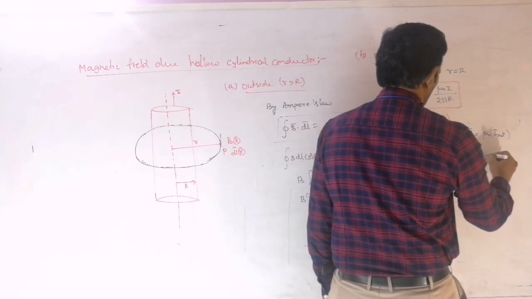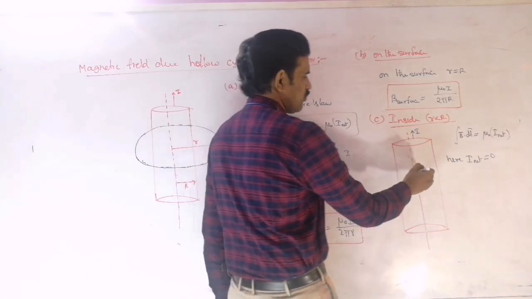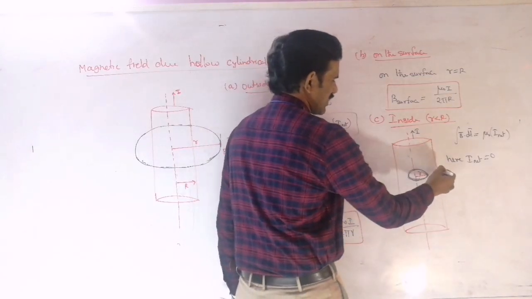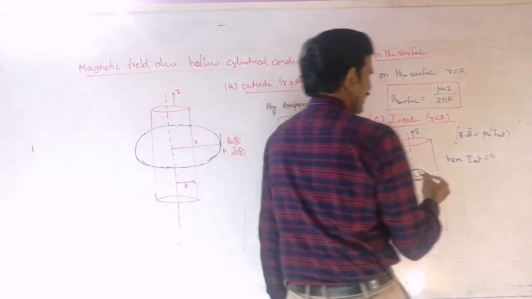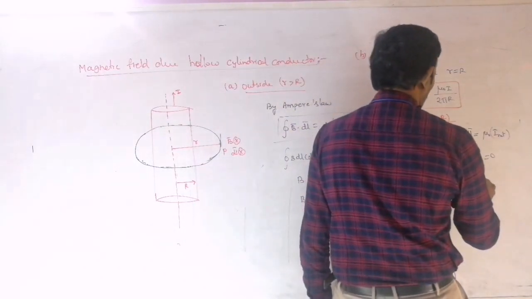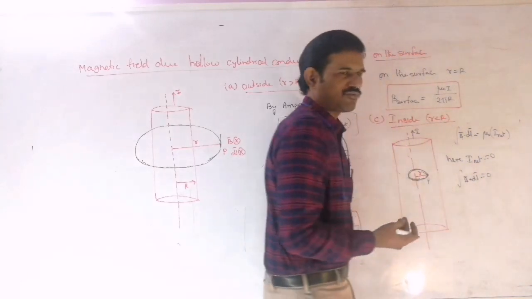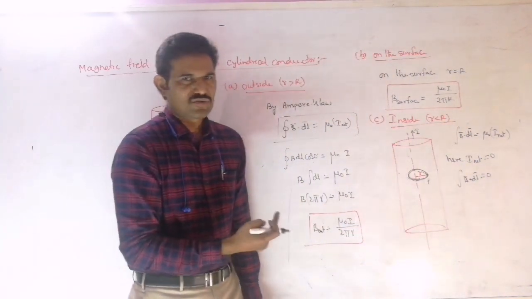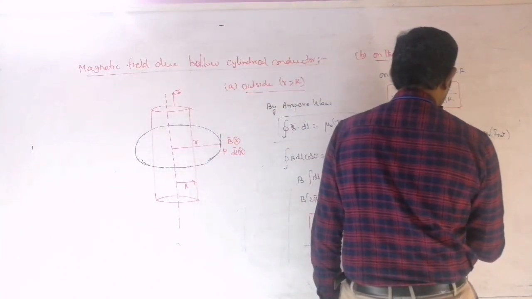Net current enclosed by the Amperian loop is 0, because the Amperian loop is here but the current is here. Current is passing only on the walls there. So I net is 0 here. I net is 0 in the sense that the integral of B bar dot dl bar value will be 0. As the integral of dl bar is not equal to 0 here, what we can conclude is that the magnetic field inside is 0.